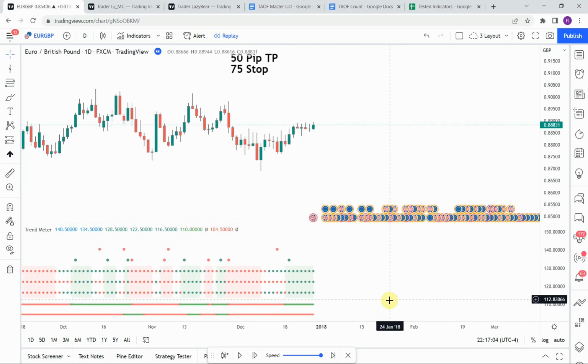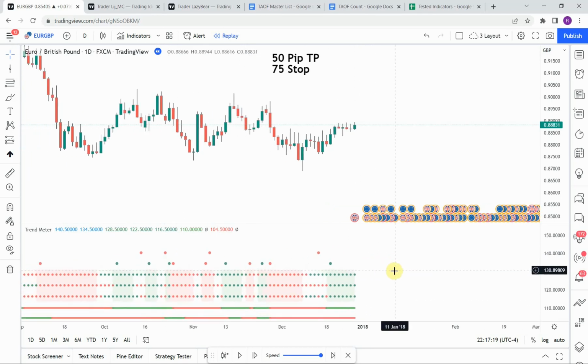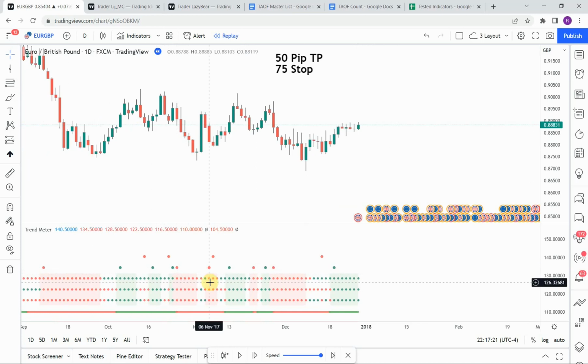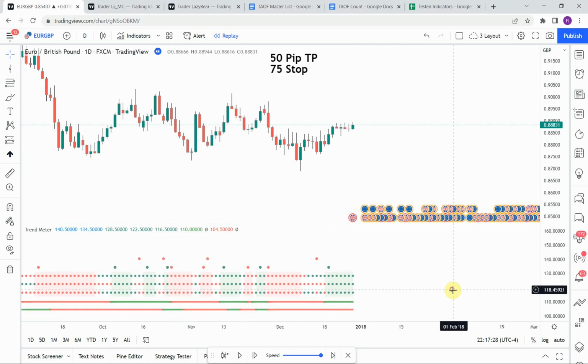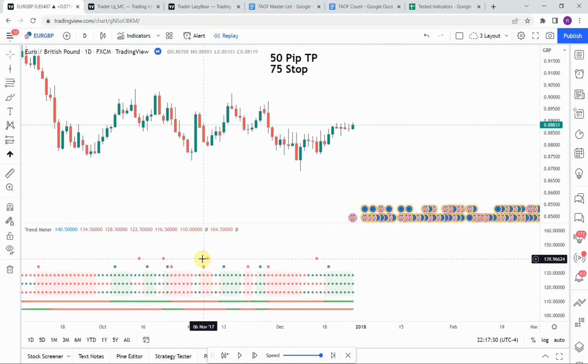I know there's a lot going on with this, but we're going to kind of try to simplify this. Basically what we are looking for is when all these different pieces of the indicator all kind of align at one time. And so an example is right here on this one. Let me see. There we go. Right there on that candle.